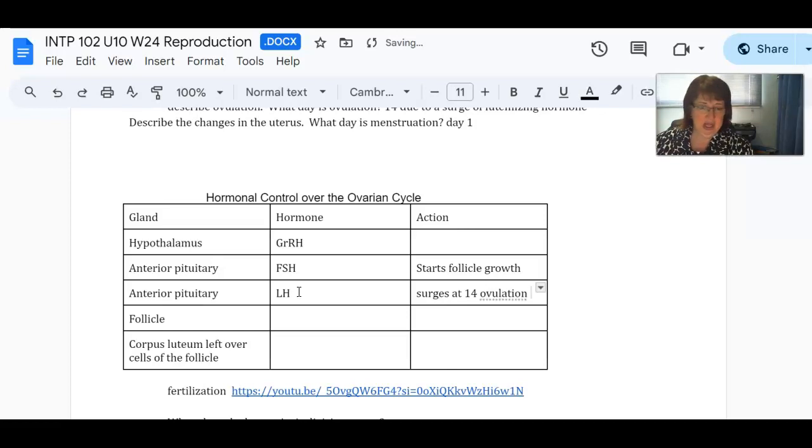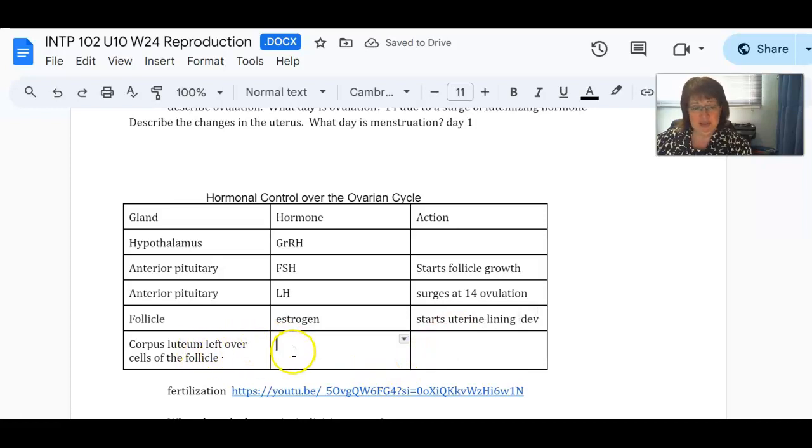And then the follicle, as it grows, will release estrogen, which starts the uterine lining development, which, if you remember, is the endometrium.